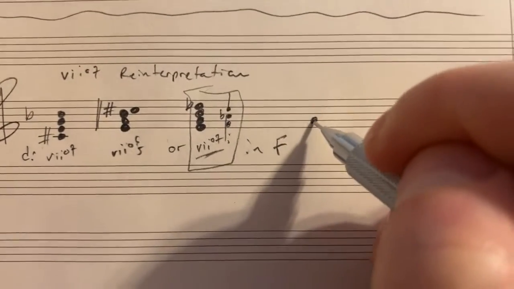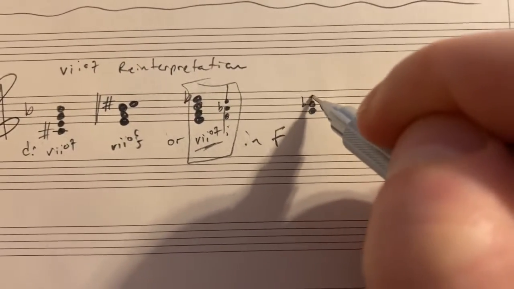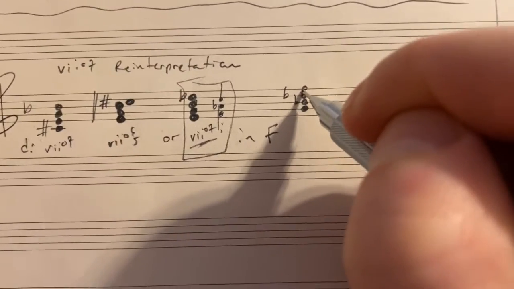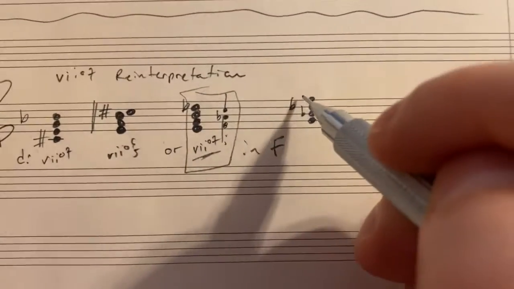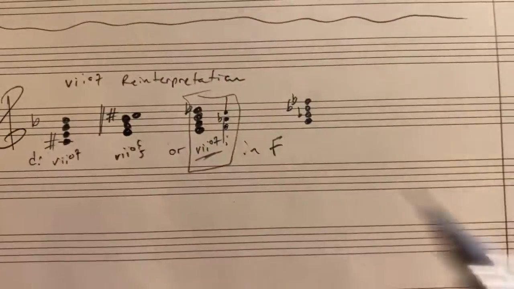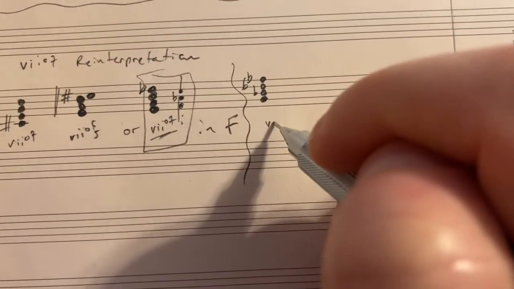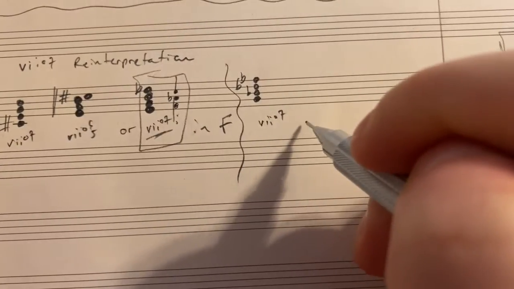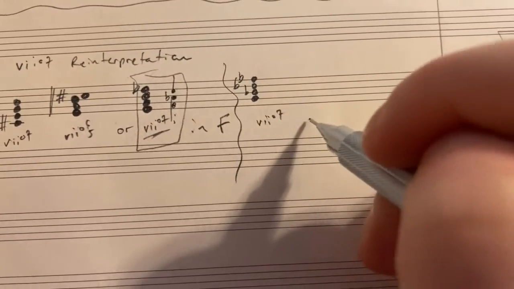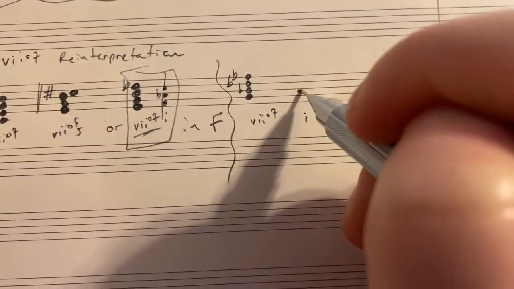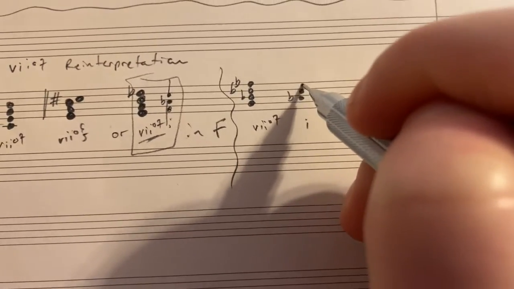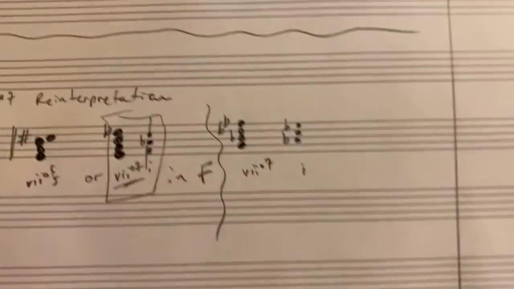You can start on G to B flat to D flat to F flat instead of E. And now you have a 7 fully diminished 7 in A flat major or minor.